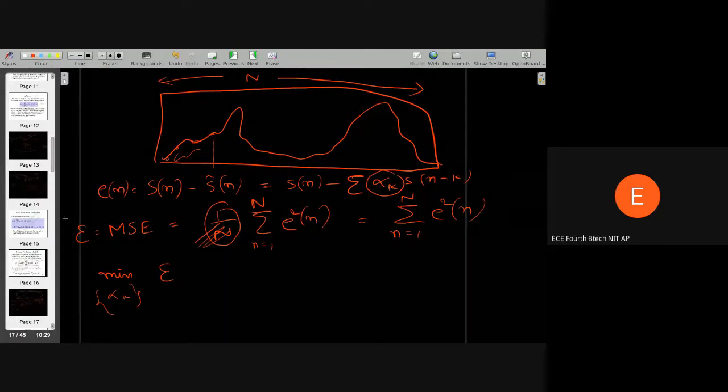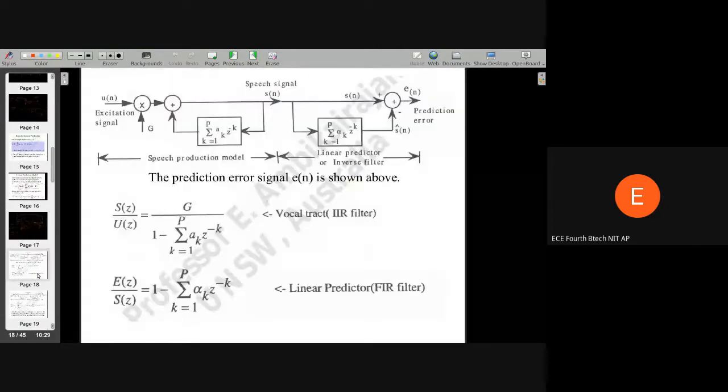We want to minimize this energy function with respect to all these coefficients, and that will give us the values of these coefficients or weights. So let's go about this. How will we go about it?